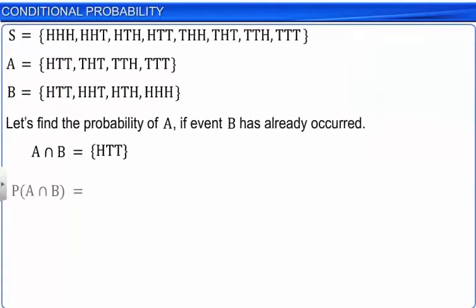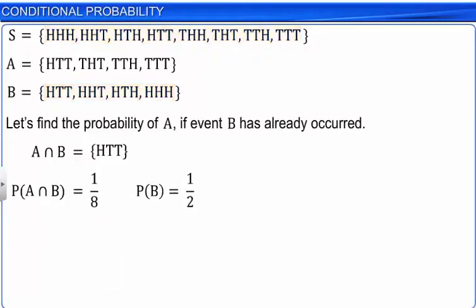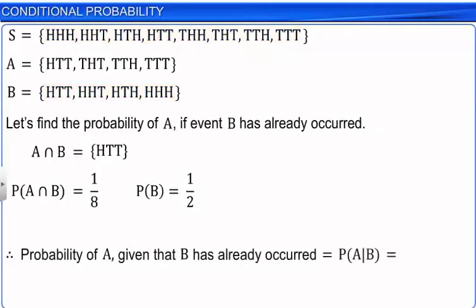Now, the probability of the occurrence of event A intersection B in sample space S is equal to 1/8, and the probability of the occurrence of event B is equal to 4 divided by 8, which is equal to 1/2. Therefore, the probability of A given B is equal to 1/8 divided by 1/2. On simplification, we get the probability of A given B as 1/4.